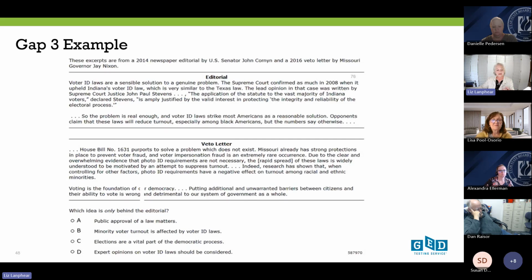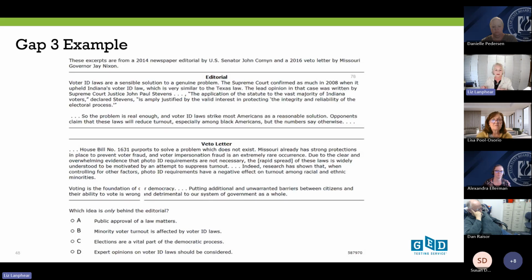So you come down here and say, which idea is only behind the editorial? And so it's like, okay, I have to figure out which thing is going to be only in that article. But I have to read both of them to be able to know that. But if I know going into my reading what I'm looking for, then I'm going to be able to pick it out. So I would read the editorial, and then I would read the veto letter. If you've got a notepad, and in the test they will have that, they can have scratch paper or the whiteboard, and they can write down and teach them how to.